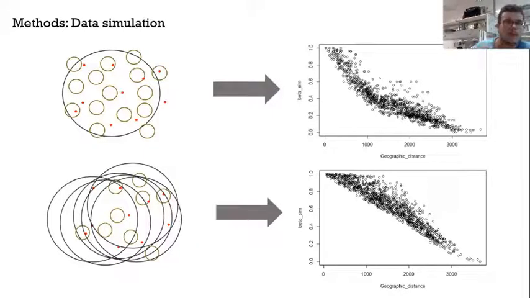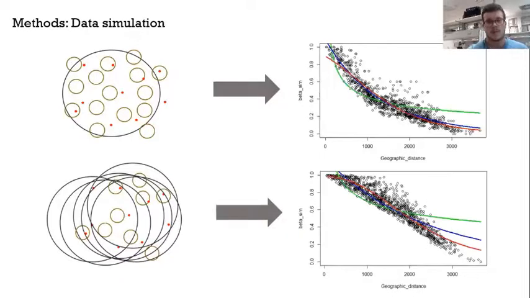We have different scenarios of distance decay, but this time in communities with different percentages of small distributed species and large distribution species. We also fit an exponential, power law, and Gompertz function, and compare them with the Akaike criterion.